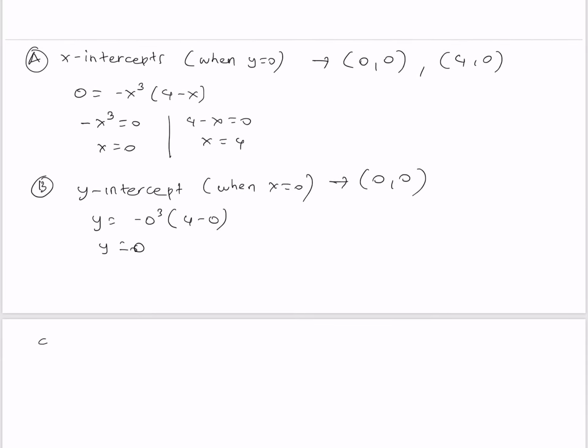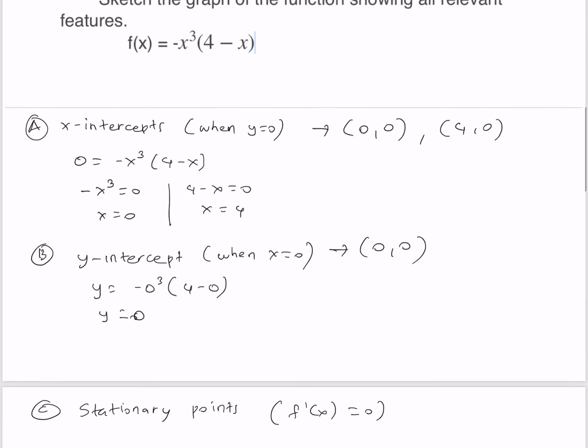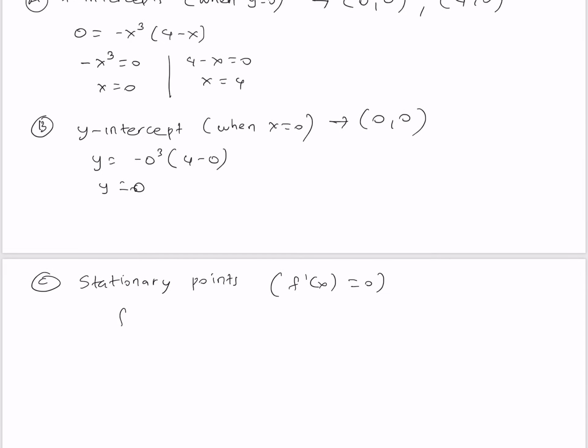Now we find the stationary points. Stationary points are where our derivative or gradient is equal to 0. So the given function, negative x cubed multiplied by 4 minus x, can be simplified into negative 4x cubed plus x to the power 4.